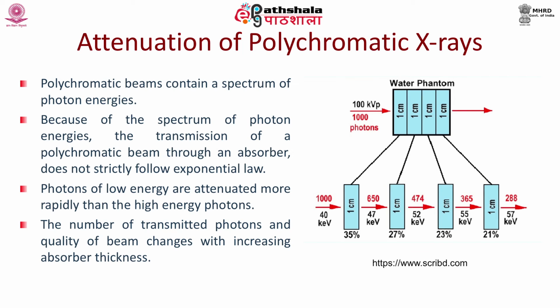The attenuation of polychromatic X-rays is different from the attenuation of monochromatic X-rays. Polychromatic X-rays have a spectrum of energies. When this spectrum of energies passes through a medium, the softer energy components of X-rays are eliminated from the incident beam. So the attenuation of polychromatic X-rays doesn't follow the exponential law strictly.